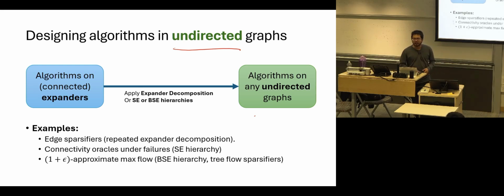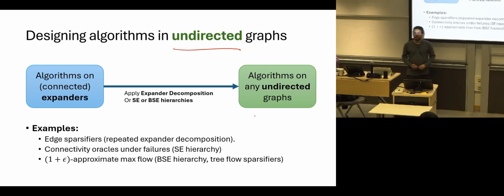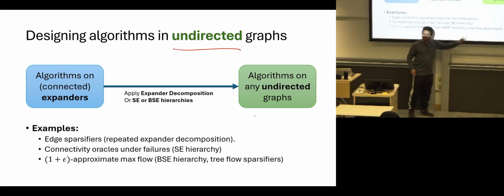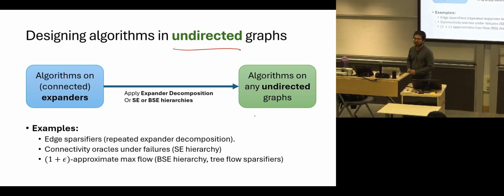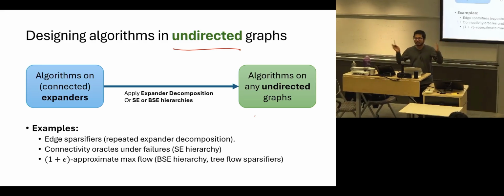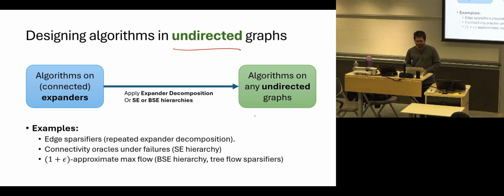Most recently, with approximate max flow, we saw how to do it on expanders. And just last Friday, we saw that using BSE hierarchy, which implies tree-flow sparsifier, you can make it work in any graph. So this is a template that has been quite successful in the last 10 years.